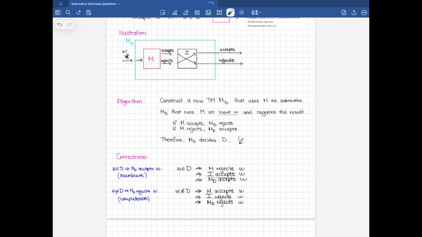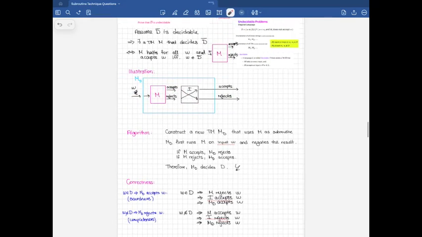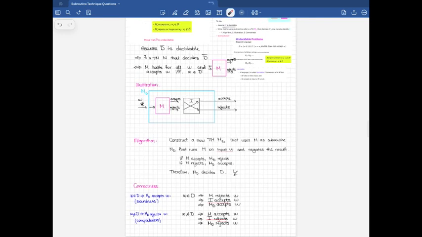Okay. So after you also have the correctness, let's walk through one more time what we did. We assume that the complement is decidable, right? This is our only assumption. From this we know that there exists a Turing machine that decides the complement.